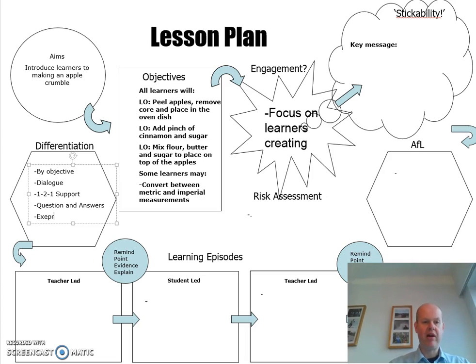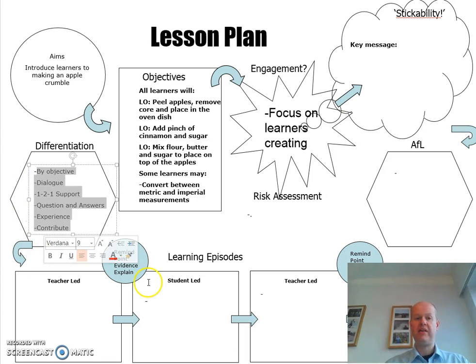Now you're going to approach the lesson differently depending upon the learner's experience, because they may in fact contribute differently. If they've already had experience of making an apple pie, you might want to make the task a little bit different for them so that it's a little bit more challenging.